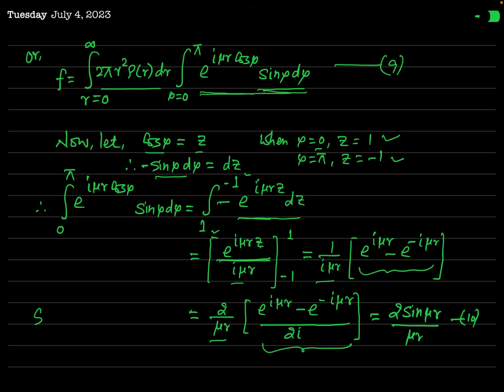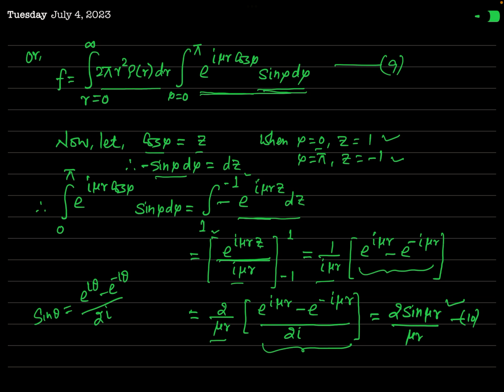You know Euler's formula: sin theta is e to the power i theta minus e to the power minus i theta divided by 2i. So using this formula, this square bracketed factor is equal to sin mu r. And that's why this integral is equal to 2 sin mu r divided by mu r. So in this way, we have obtained the value of this integral.